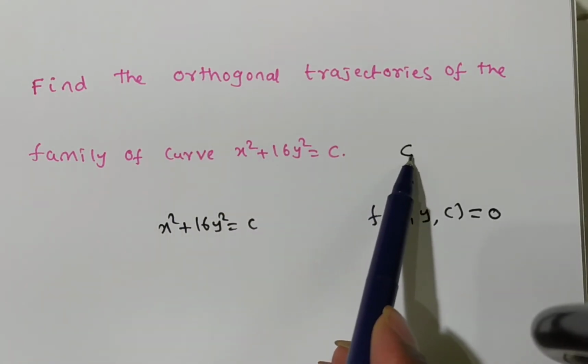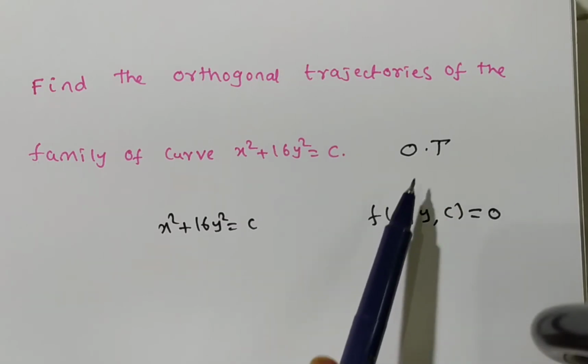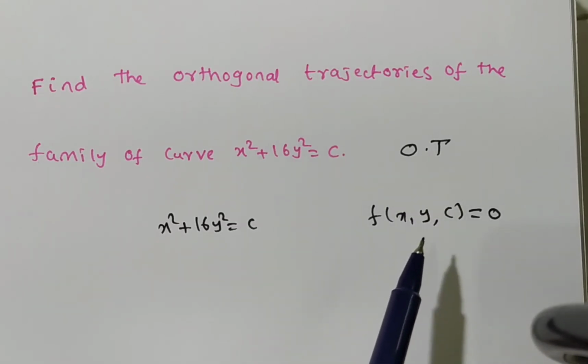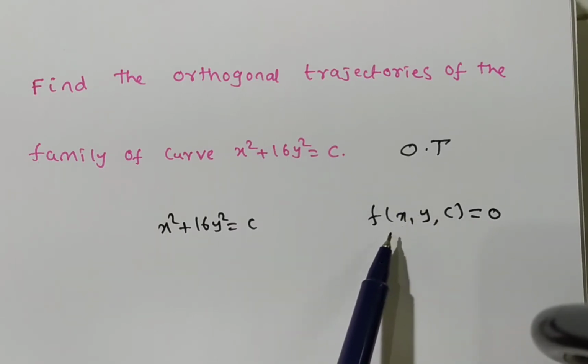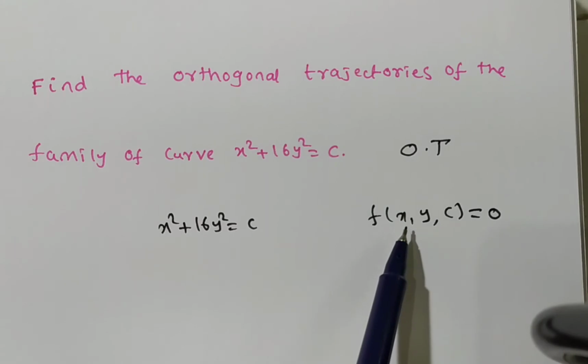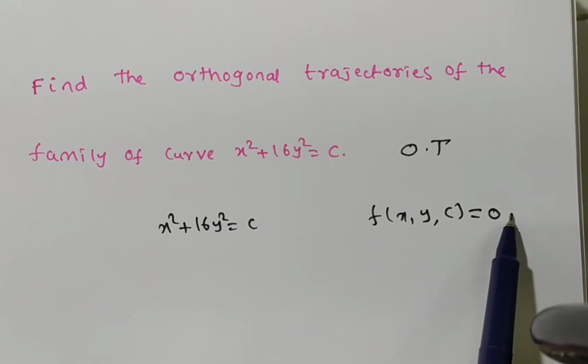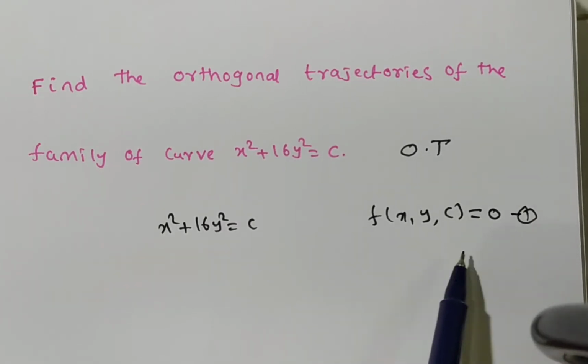What we have to find is the orthogonal trajectory for the family of curves in Cartesian coordinates. We can find it for polar coordinates also, but in this problem we are doing Cartesian coordinates. To find the orthogonal trajectory, first consider the given curve as equation number 1.